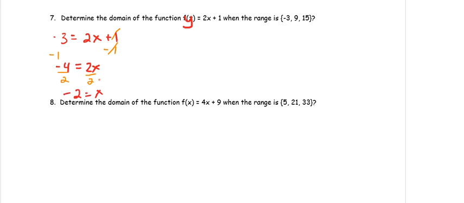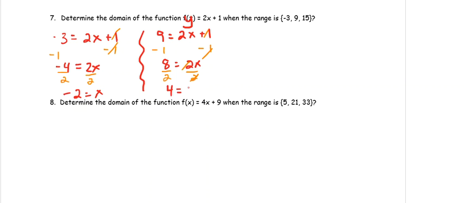So that's one of them. 9 equals 2x plus 1. So you're going to be subtracting 1 from both sides. So 8 equals 2x. Divide by 2. 4 is equal to x.